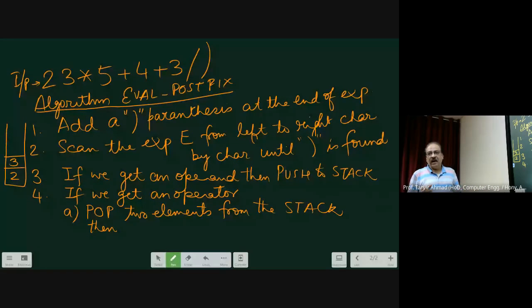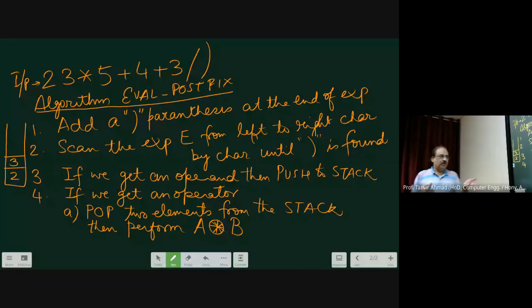Then I apply A, then this operator, with B. I'll perform this one, where A is the operand at the top and B is the operand which is at the bottom.